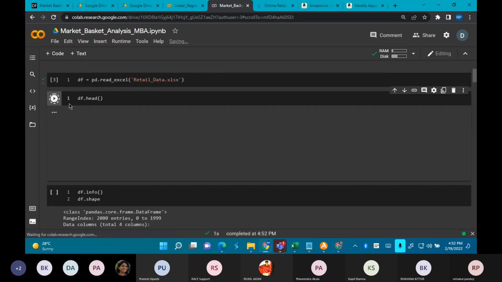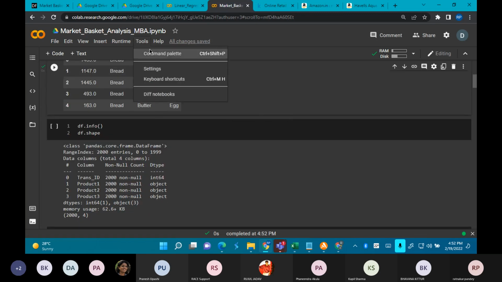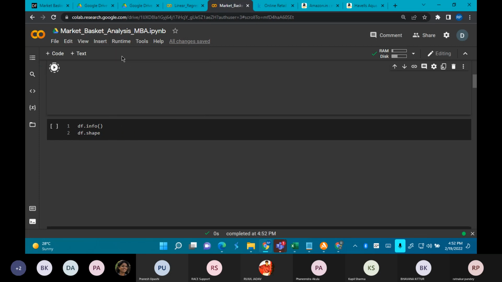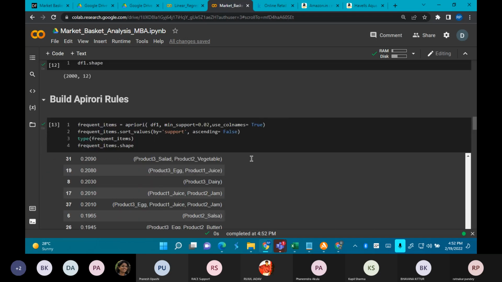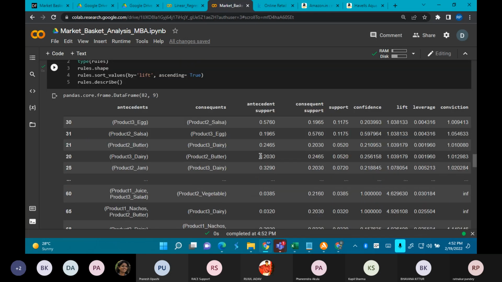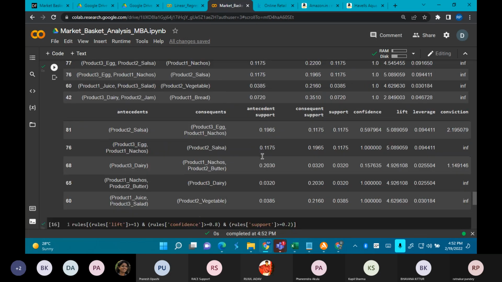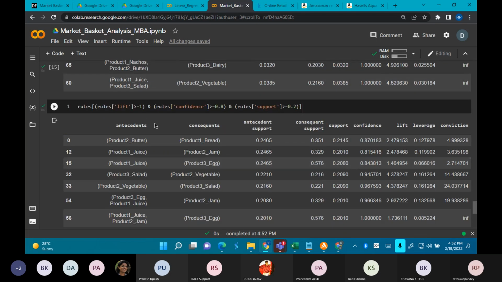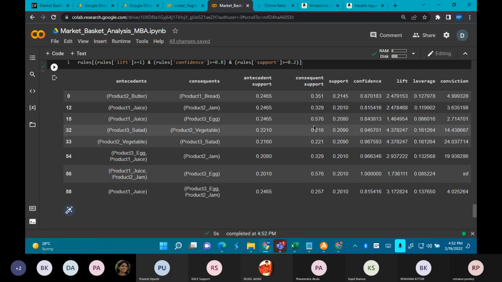It's fairly straightforward once you install the package. It doesn't take very long time. So you can see my rules are generated over here. And then we have certain rules like this. If lift is more than 1, confidence is more than 80%, support is more than 20%, only show me those rules. And these are the rules that come up.